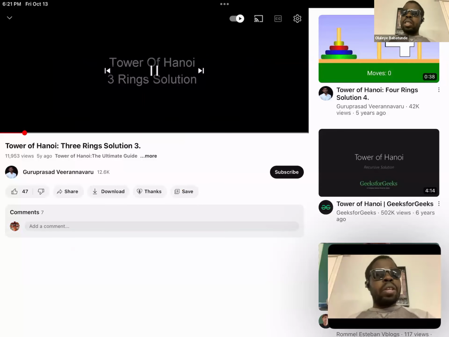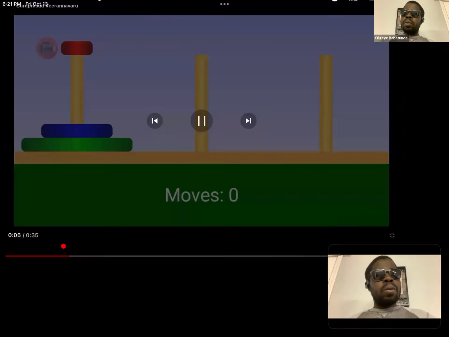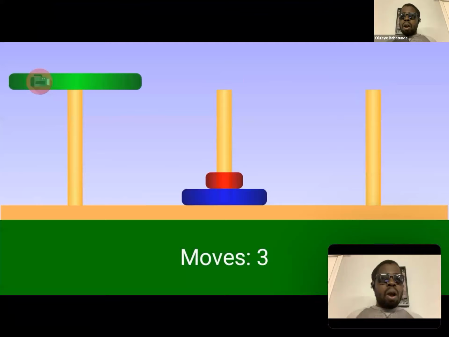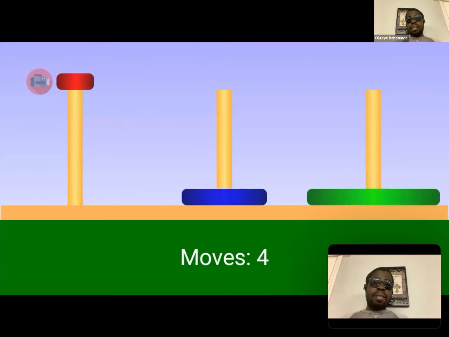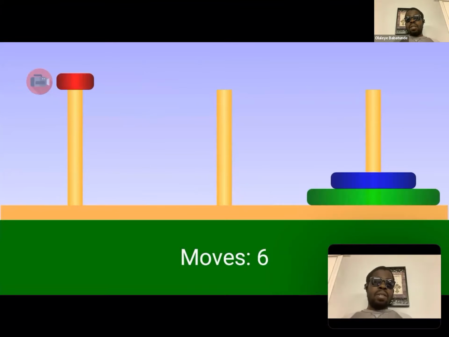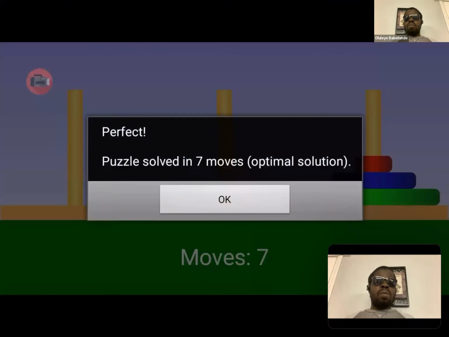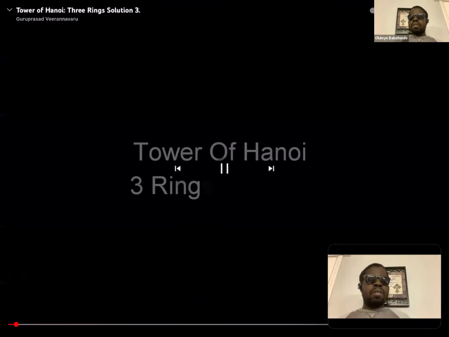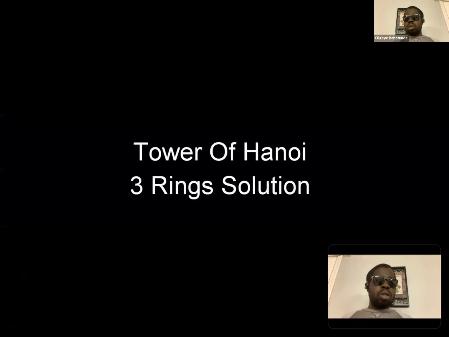So let's watch this video. You can see with 3 rods, 3 discs, that is the move. Again, let me start all over again. Ring solution, Tower of Hanoi.